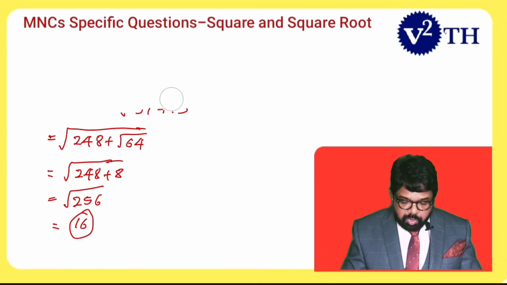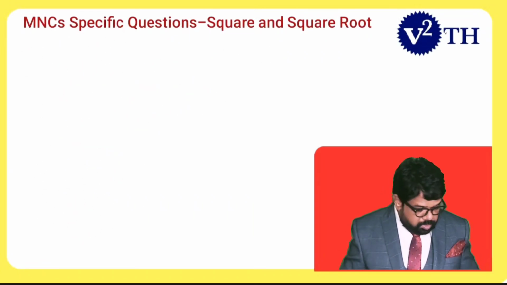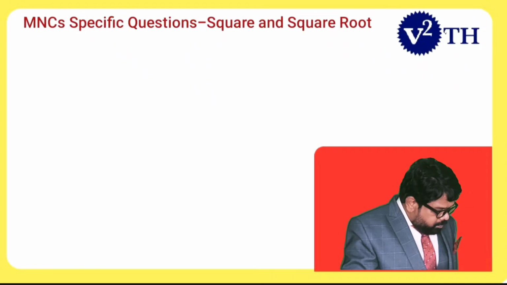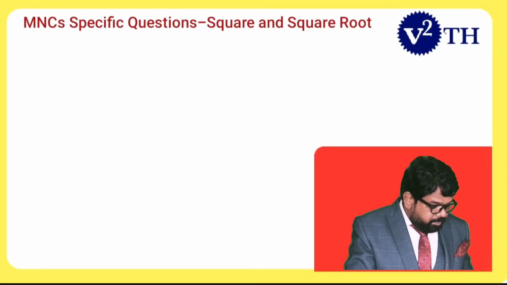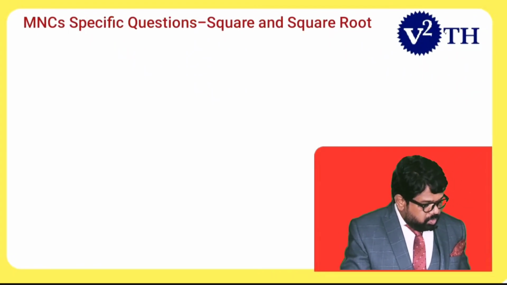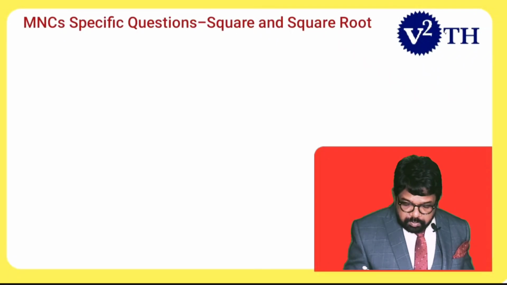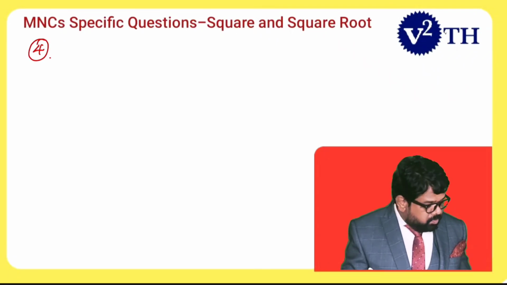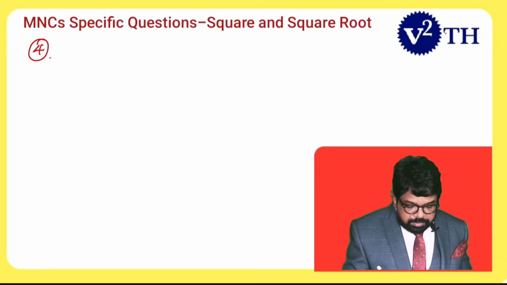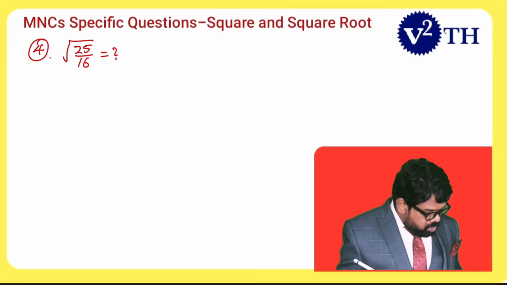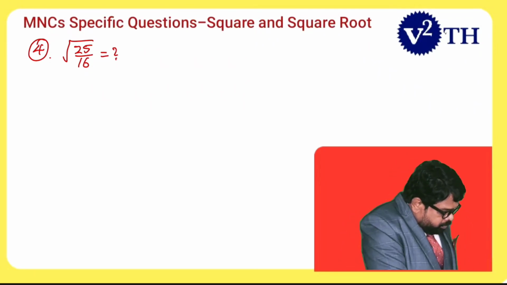Now see here, one more question I will discuss with you. Open our book and see. Question number 4: root of 25 by 16. A very simple question. What is the value of this?